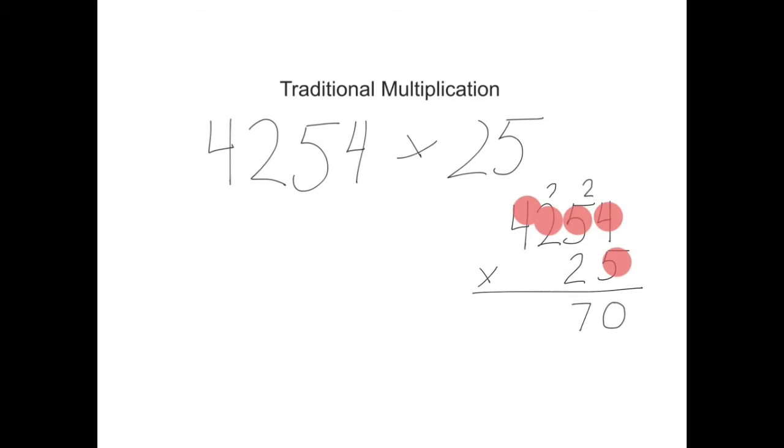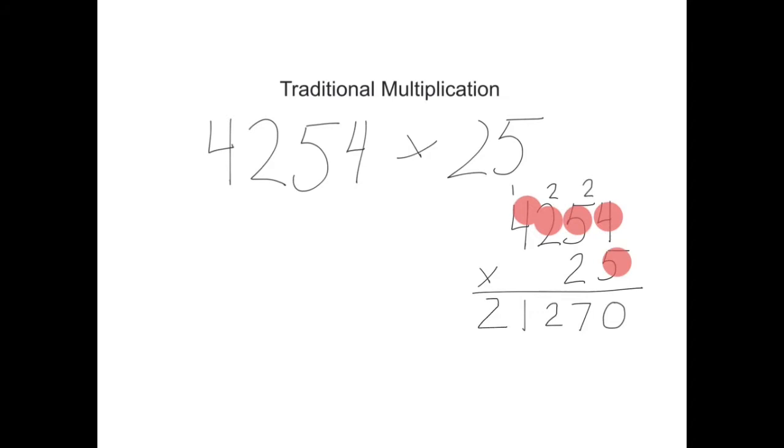Again, I'm going to carry my 2. And now I have 5 times 2 is 10, plus 2 is 12. Carry the 1. And my last one of 5 times 4 is 20, plus 1 is 21. I have nowhere to carry this 2 onto, so I drop it down to the bottom.